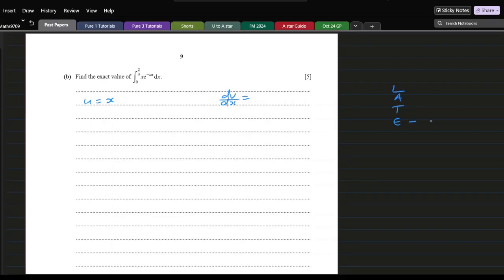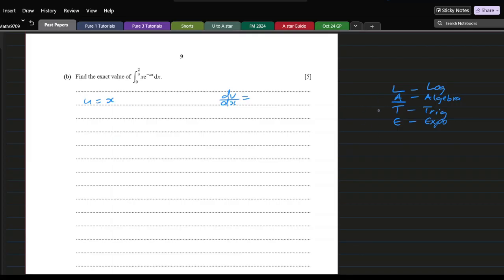Where the E here would be our exponentials, and then our A here is the algebra. So your algebra is your x squared, that's your algebra. So it means that L would be logarithms, and T is trig. So in this case it means our u will be x.